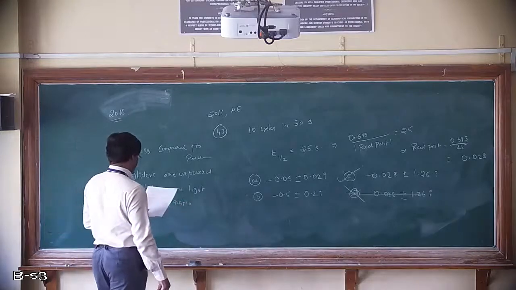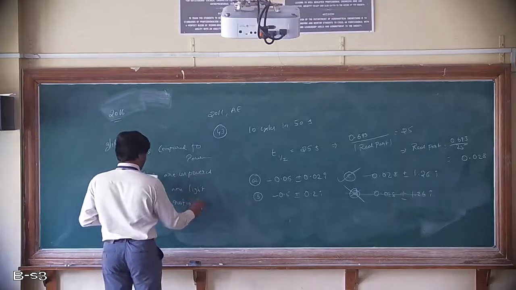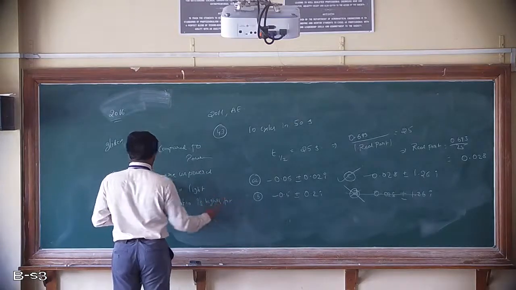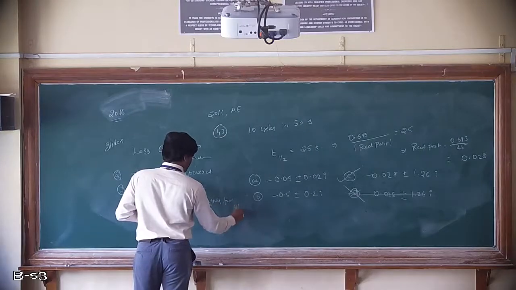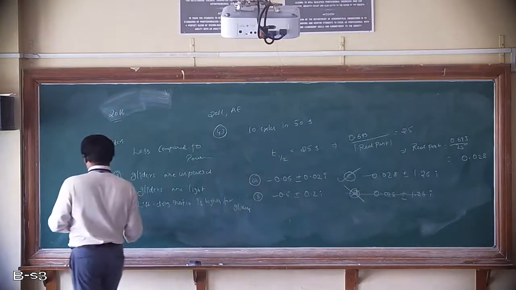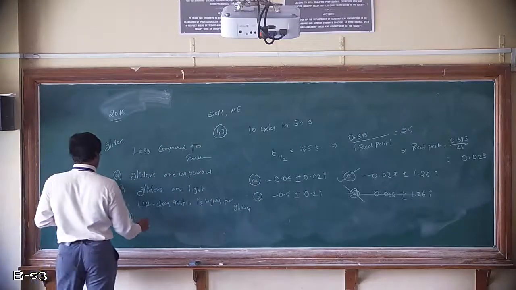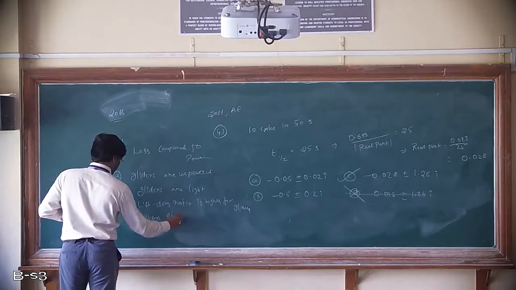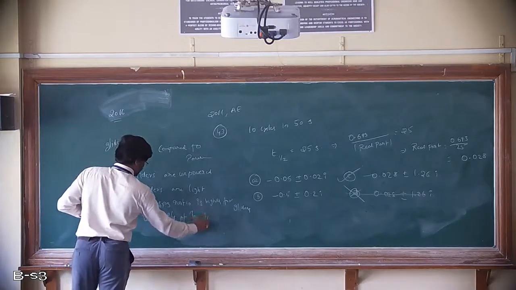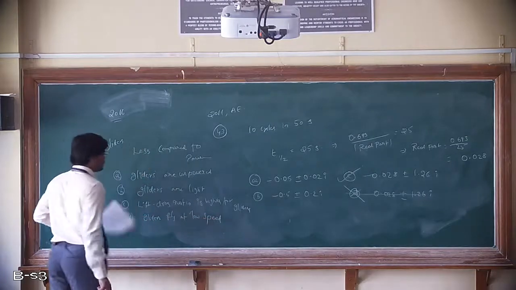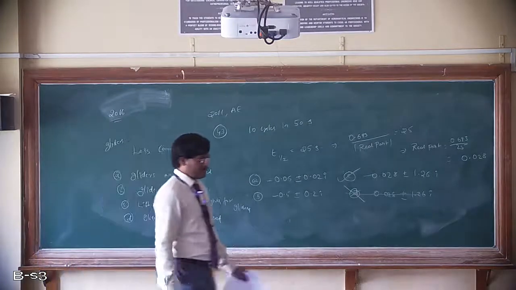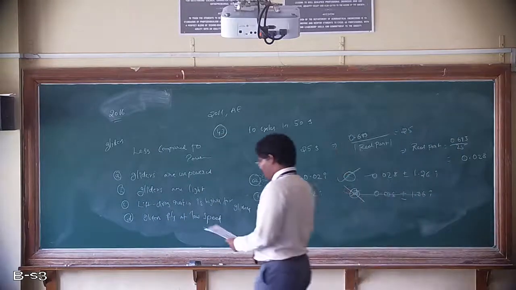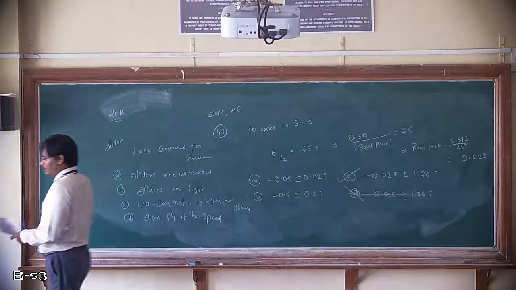Option C, lift to drag ratio is higher for gliders. Option D, gliders fly at low speed. These are the 4 options.